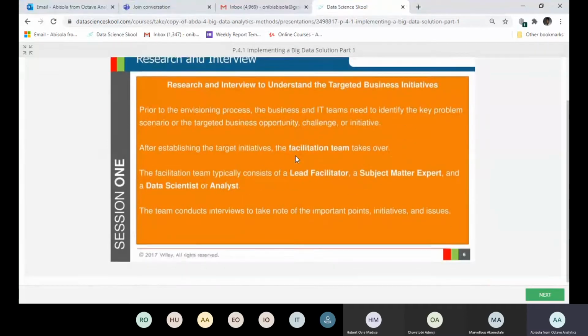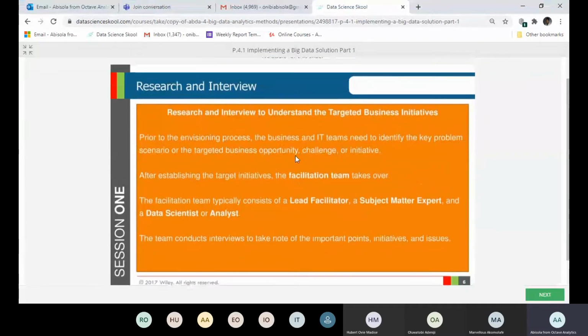So research and interview. Research and interview to understand the target business initiatives. So prior to the envisioning process, the business and IT teams need to identify the key problem scenario and the targeted business opportunity, challenge, or initiative. For example, say you're trying to check customer satisfaction levels. You want to enhance customer satisfaction levels.